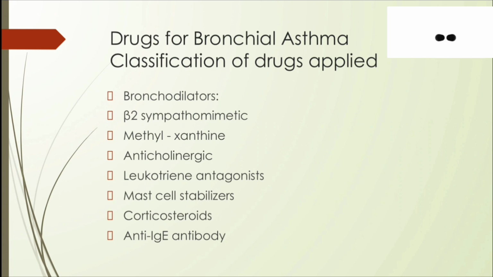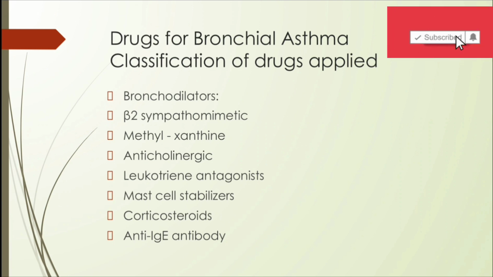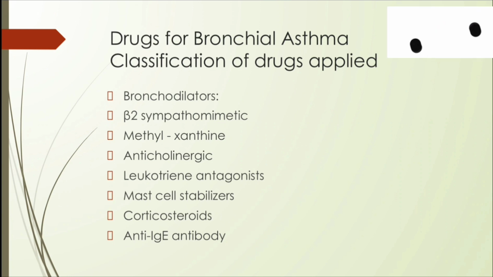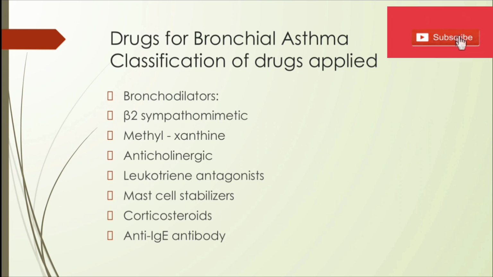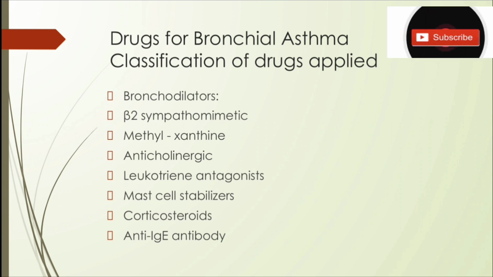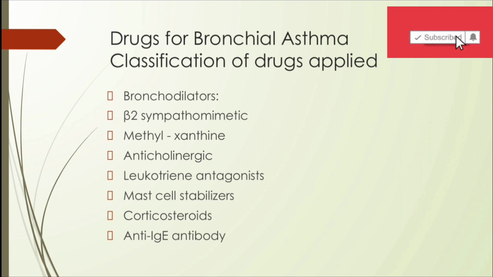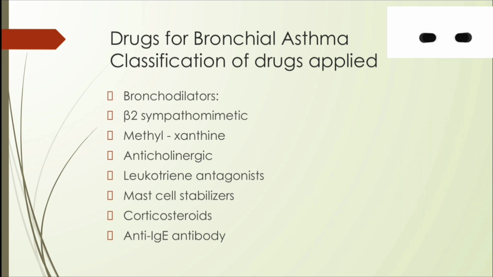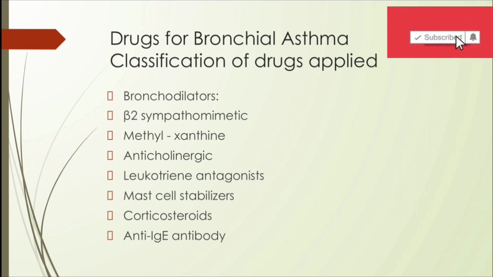In the methylxanthines, we will look at theophylline, which is in anhydrous form, then aminophylline, choline theophyllinate, hydroxyethyl theophylline, then theophylline ethanolate of piperazine derivative, and doxophylline. And in the anticholinergics, we'll see ipratropium bromide and tiotropium bromide. So these are the three subclasses under the heading bronchodilators.